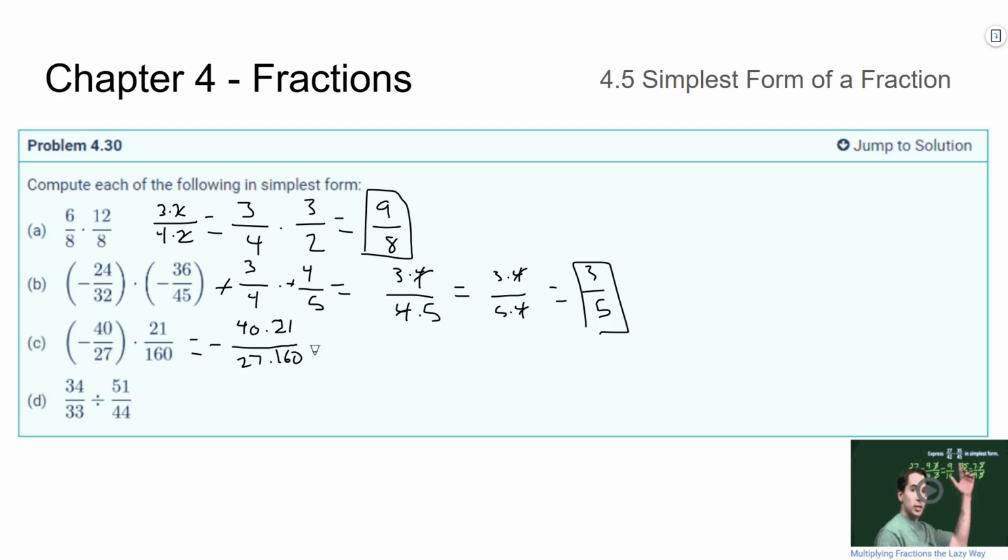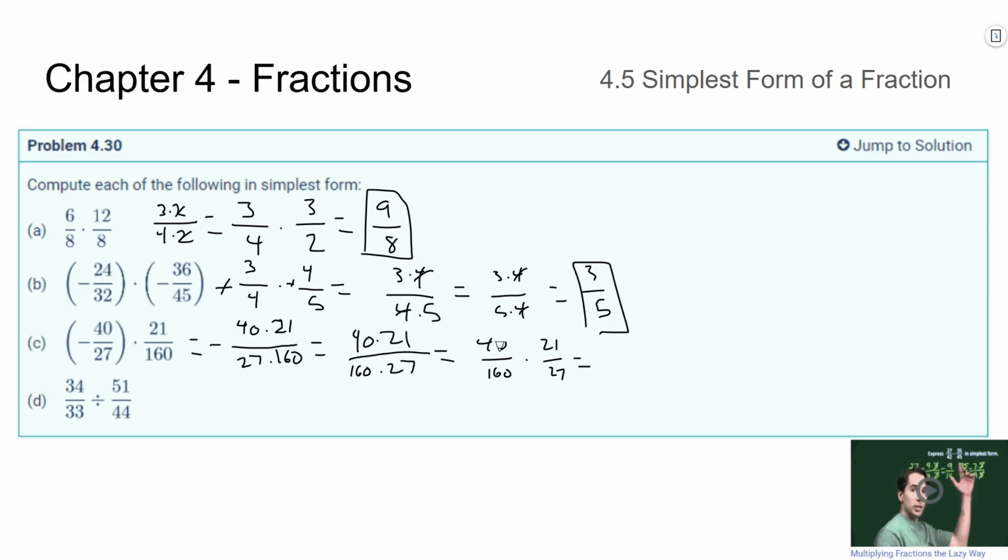This ends in a 0, that ends in a 0. So I wonder if we switch these around. Let's say 40 times 21 over 160 times 27. Okay, and then we have 40 over 160 times 21 over 27.